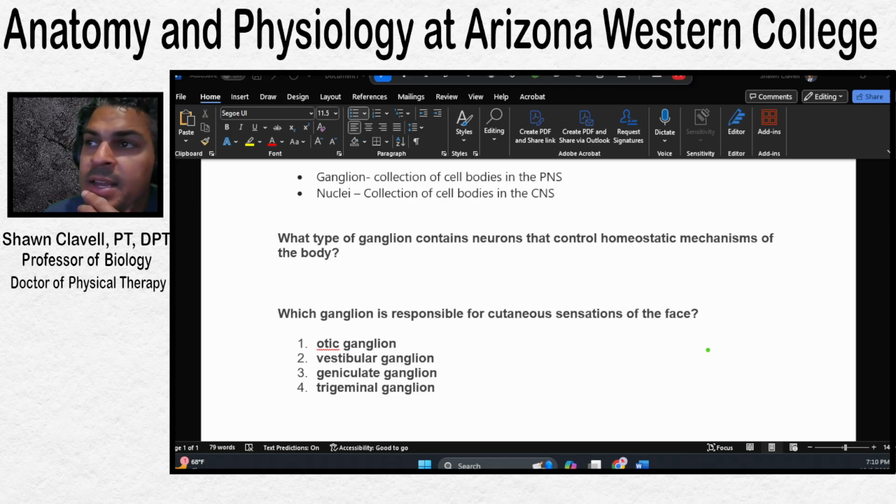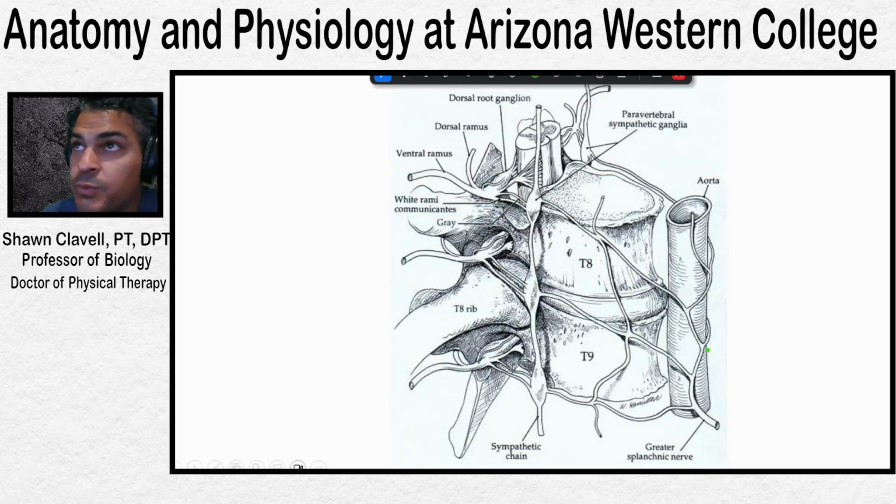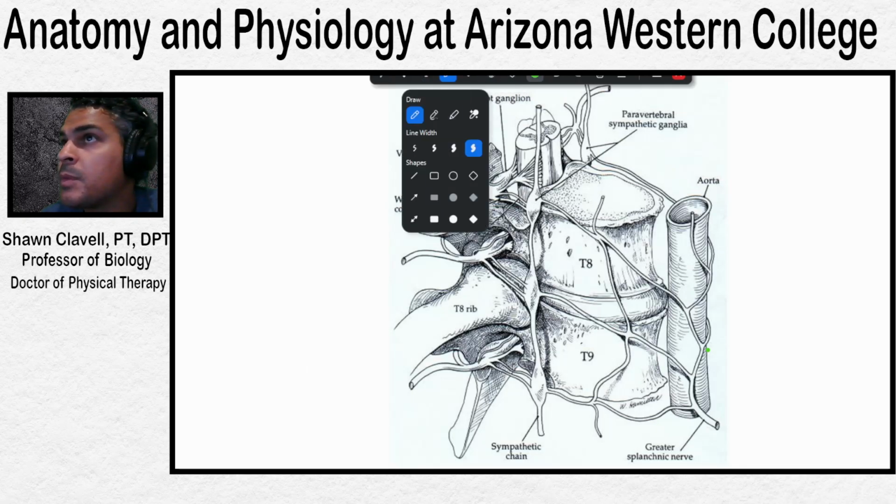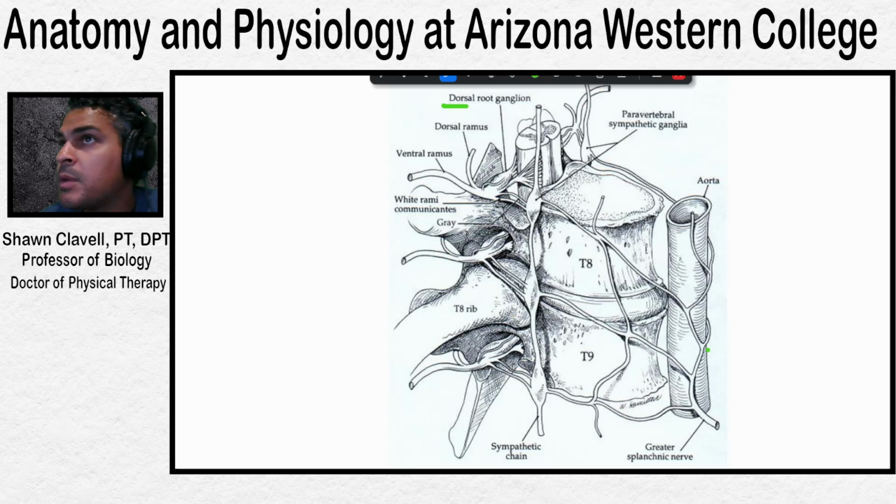The homeostatic mechanism is a negative feedback mechanism. There's the sensory component, and the ganglion related to the sensory component of the nervous system would be the dorsal root ganglion.